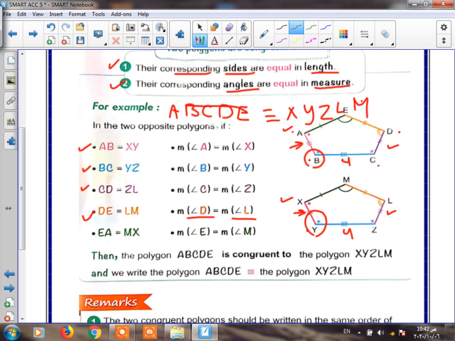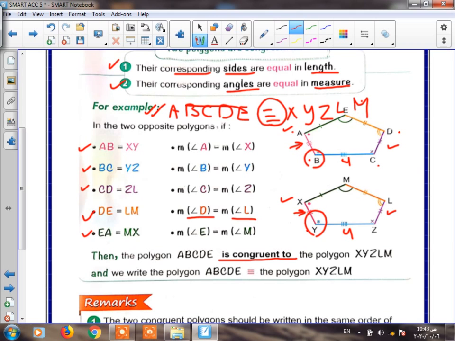EA equals MX, the green one, and the measure of angle E equals the measure of angle M. Then polygon ABCDE is congruent to polygon XYZLM, as we wrote above.